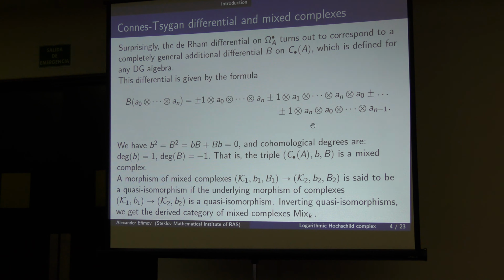And I just recall that a morphism of mixed complexes is said to be a quasi-isomorphism if the underlying morphism of complexes is a quasi-isomorphism if you just forget this additional differential. So in other words, these mixed complexes can be described also as DG modules over a two-dimensional DG algebra which is generated by an element of degree -1, which squares to 0 and which is closed.